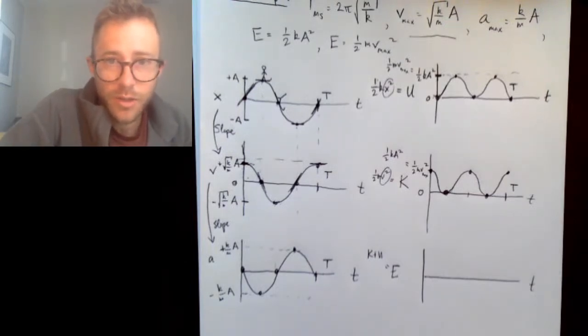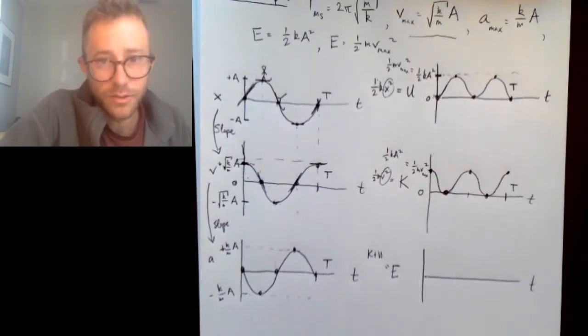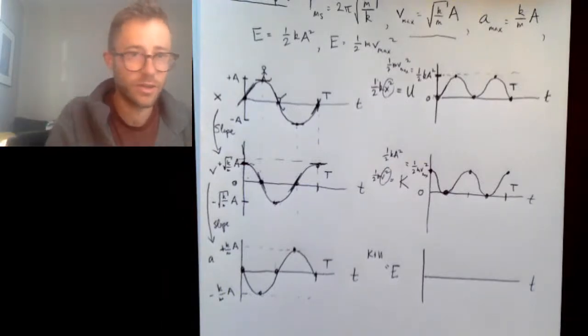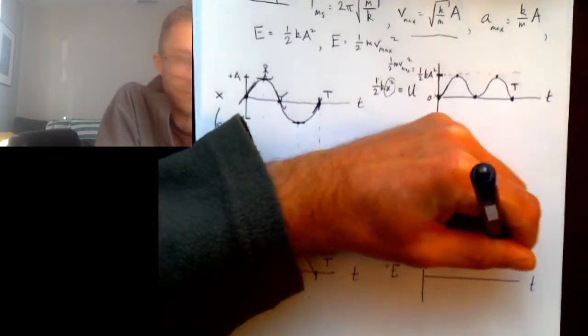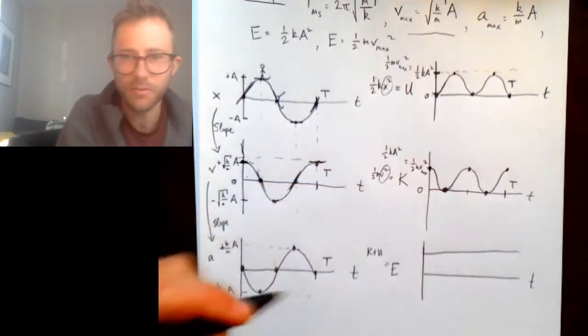One way is we could say, well, it's simple harmonic motion, so I know that energy is conserved. And if something is conserved, then it's not changing as time goes on. So the graph just looks flat. Okay? That's supposed to be flat.